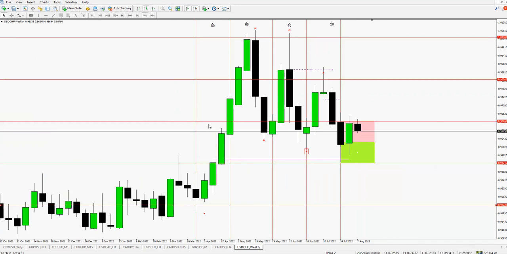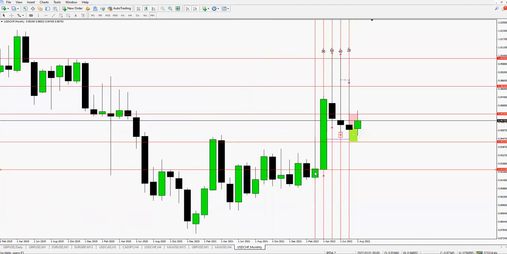Now as you can see from the weekly chart, the order flow is bullish based on the weekly. So this little move down here we can consider a retracement, because even if we look at the monthly chart, there's this huge void over here.